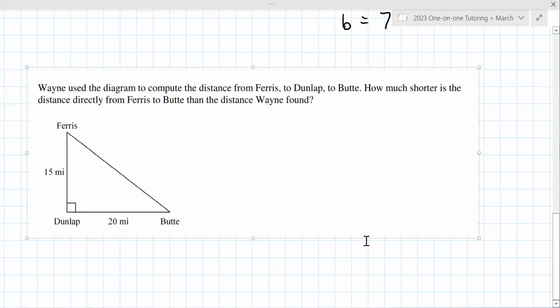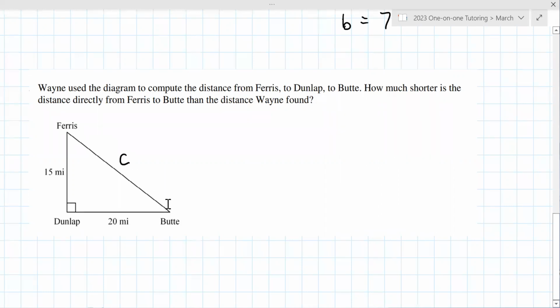Wayne used a diagram to compute the distance from Ferris to Dunlap to Butte. How much shorter is the distance directly from Ferris to Butte than the distance Wayne found? Yes. Okay, so let's do this in pieces.